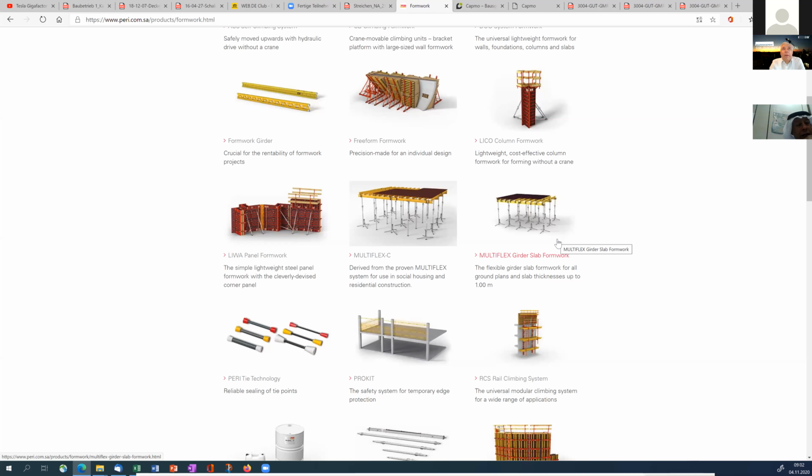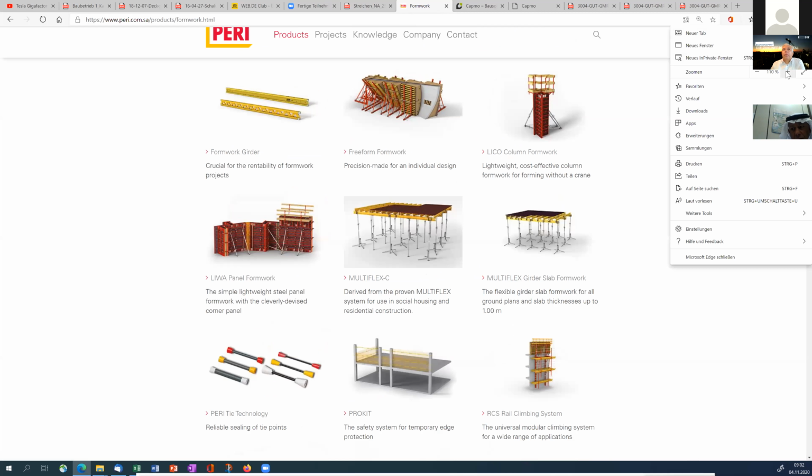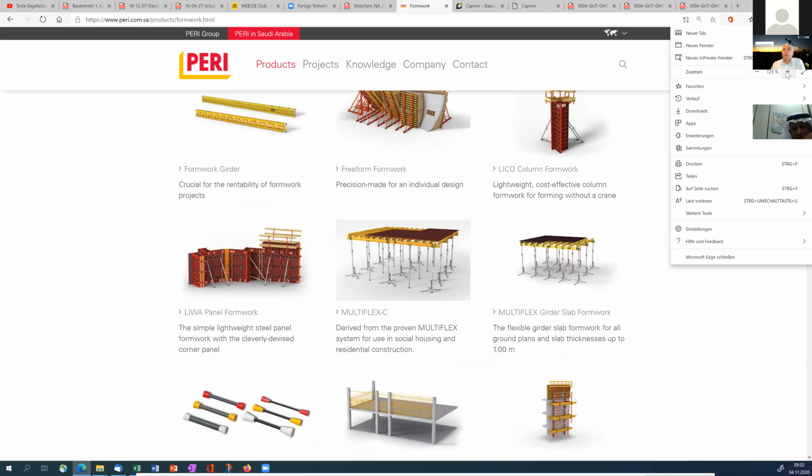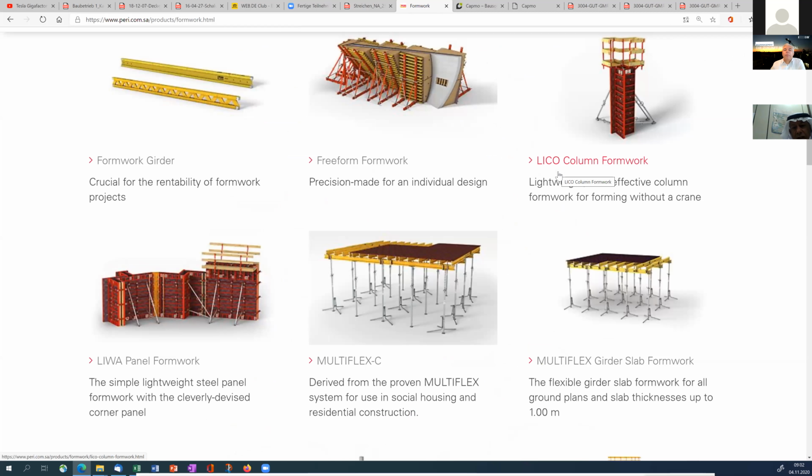I would say for our students here that what you presented is really the most innovative system of formwork or shuttering. And here in Saudi, we can see these kinds in sophisticated projects.